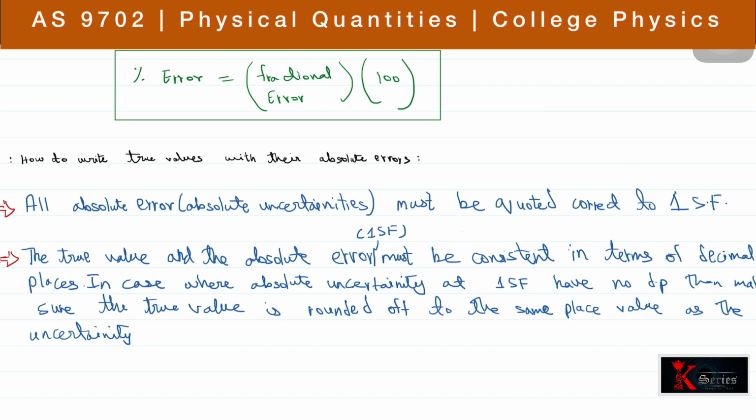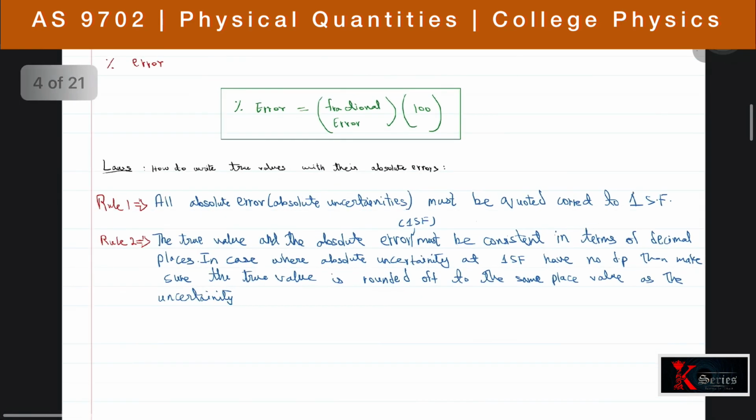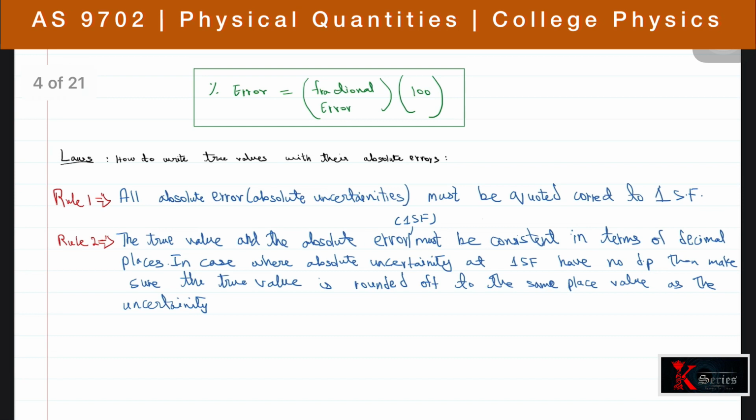Now rule number 2 is that the true value and the absolute error must be consistent in terms of decimal places. In case the absolute uncertainty at one significant figure has no decimal place, then make sure that the true value is rounded off to the same place value as the uncertainty. So we need to ensure that the true value and the absolute error are consistent in terms of decimal places.